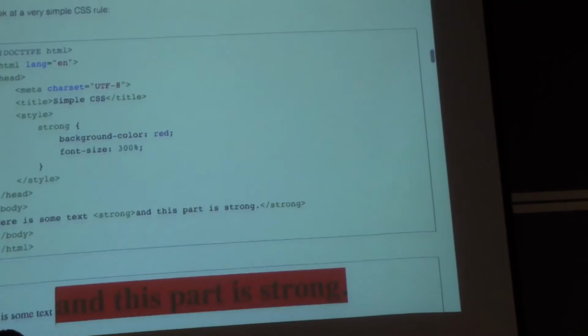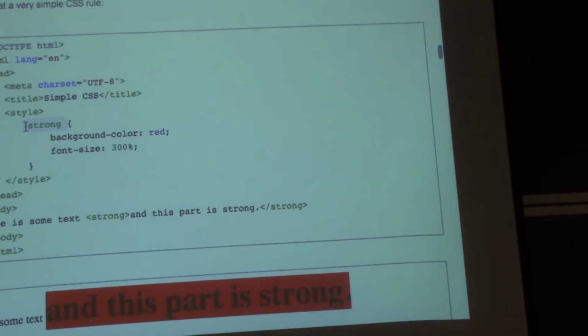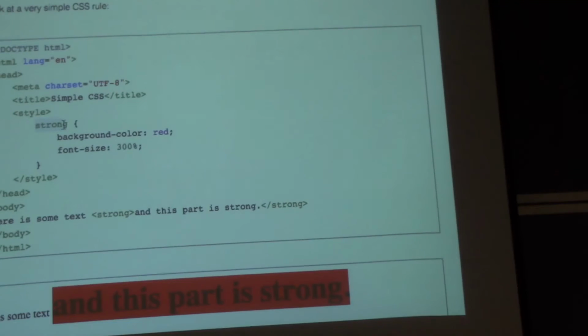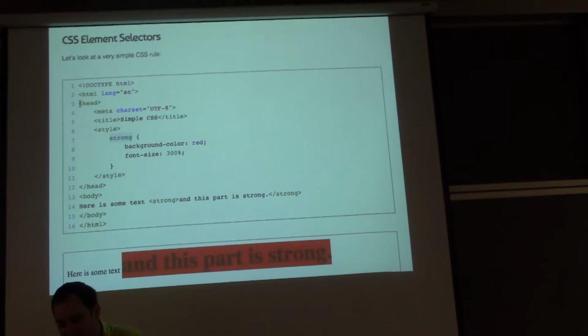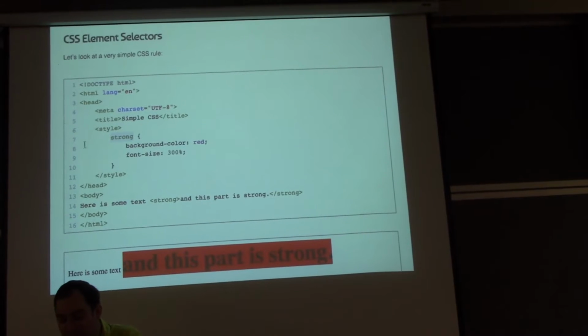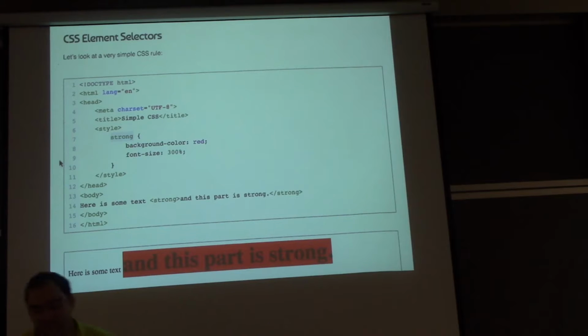So here we have a very simple CSS rule. We have the strong element, and we are selecting on the strong element in CSS. We talked about this last time, the style can be either in a separate file, but here in the class we will typically use it embedded in the HTML file just to make it easier to understand all the relationships.